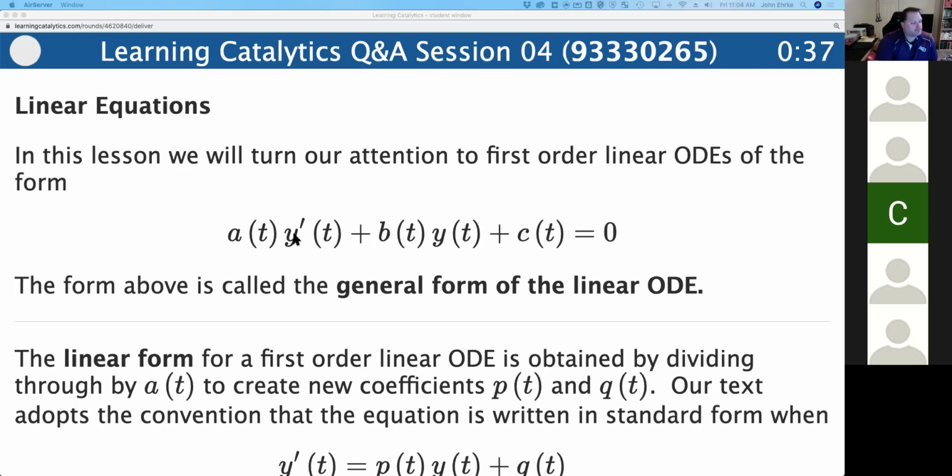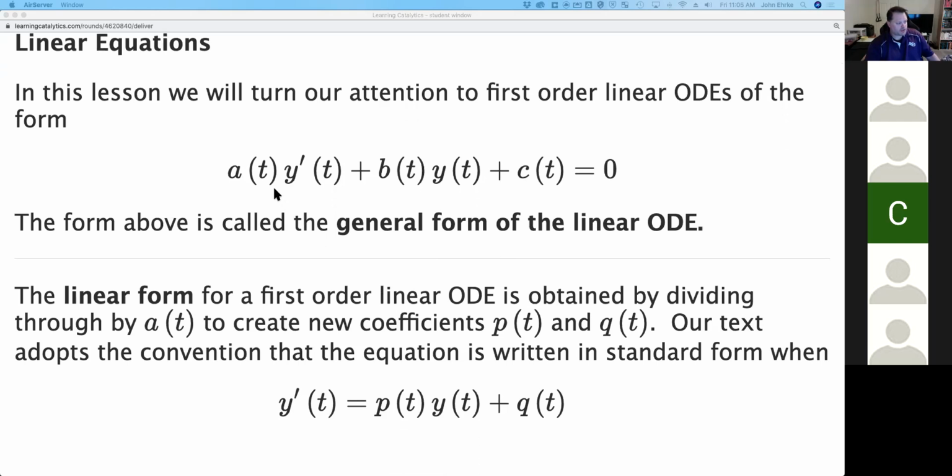It's like the derivative, y squared, y, and then the constant terms. In fact, we're going to use that to our advantage in the second and third units of the course. If I ever ask you to write down the general form of a linear ODE, that means take all the terms to the left-hand side and write them in descending order of the derivative.